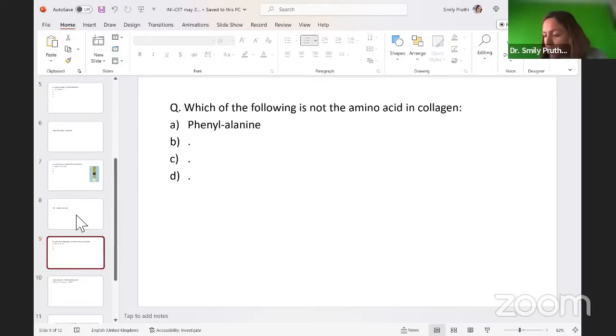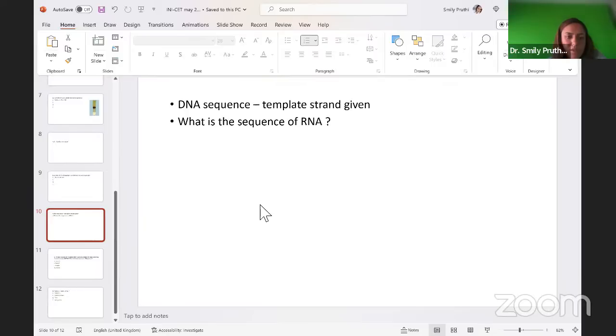Can we stick to one question, students? You are just jumping between questions. Different students are answering different questions. I cannot read at this speed. Okay, then next one question was there on DNA sequence, template strand given.